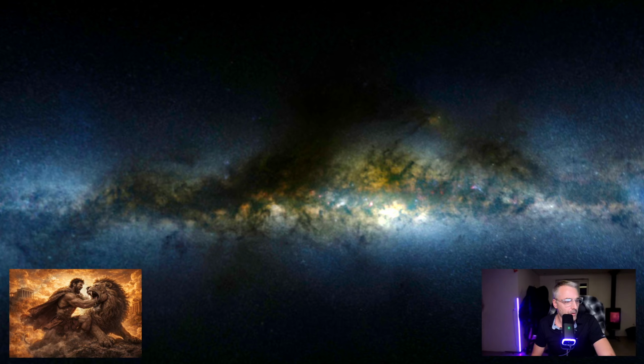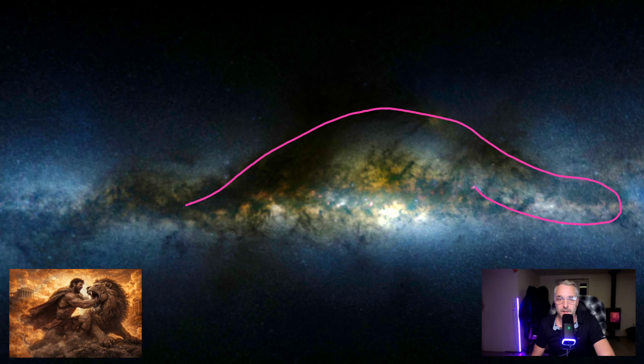Okay, when Hercules returned, he was carrying the carcass of the lion on his shoulders, the dead lion on his shoulders. The dead lion is visualized by the dark shadow surrounding the Milky Way center. And this is basically all of this shadow here. That's the entire lion on the shoulders of Heracles, because this is also Heracles' shoulders.